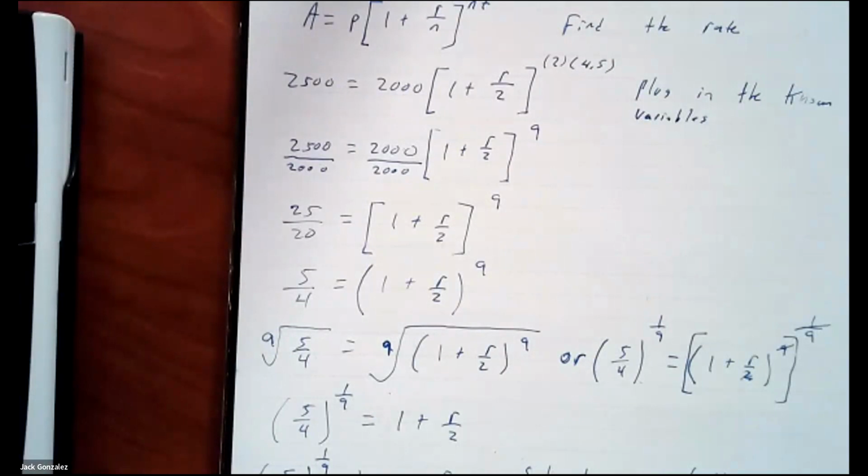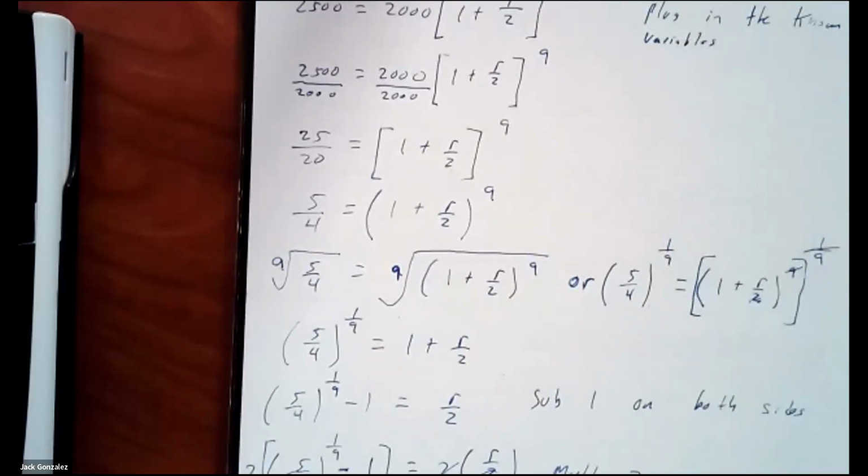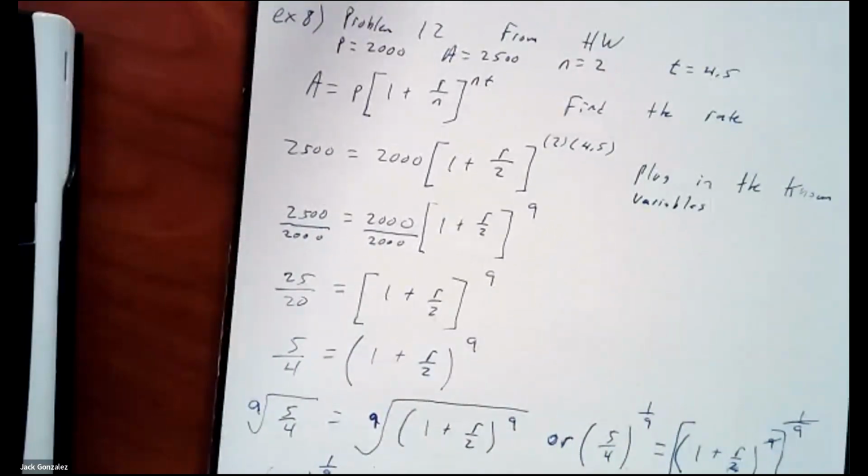You remember the homework question? On the homework question, it'll say annually or semi-annually or quarterly. It'll vary. It gives a number next to that, so you multiply those two numbers, and that's how we get our power.